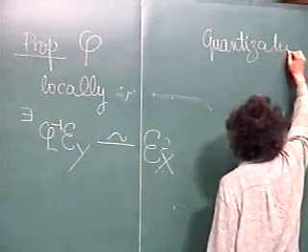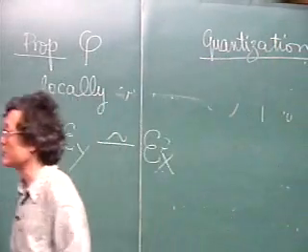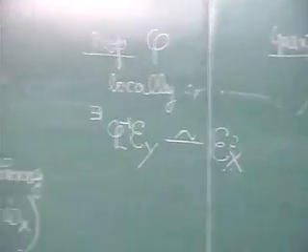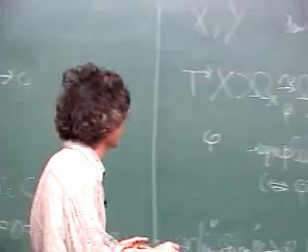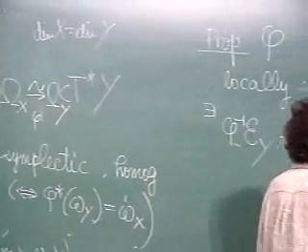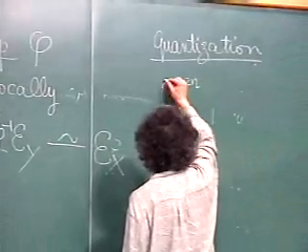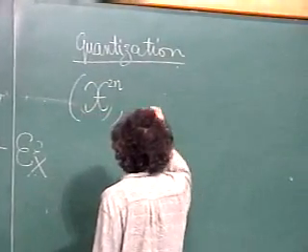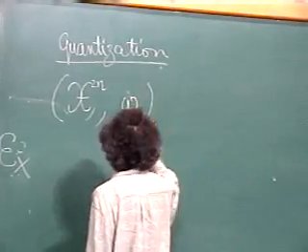Okay, so quantization. Now we consider the symplectic manifold, or more precisely, a 2n-dimensional manifold X with theta X, with omega.